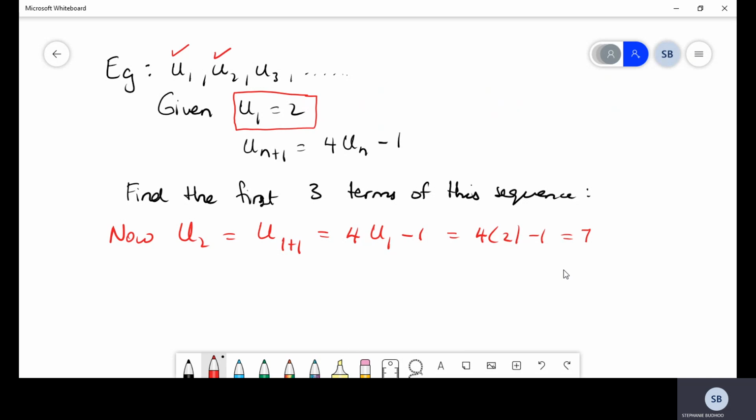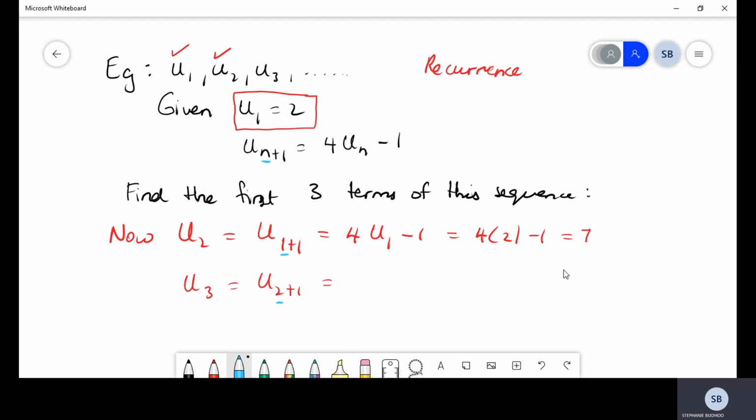And I believe it will just be a repetitive process, or a recurrence relation rather, hence the word: we have sequences which can be recurrent, or recurrence sequences. So let's work out the last one. In order to get U3, that would be the same as U of 2 plus 1, where n would be our 2.